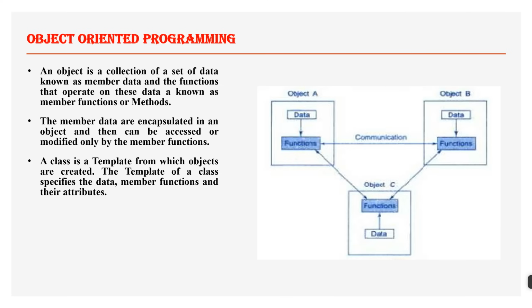A class is a template from which objects are created, or the template of the class specifies the data, the member functions and their attributes. What is a class? It is a template for an object. For example, just now I mentioned student.